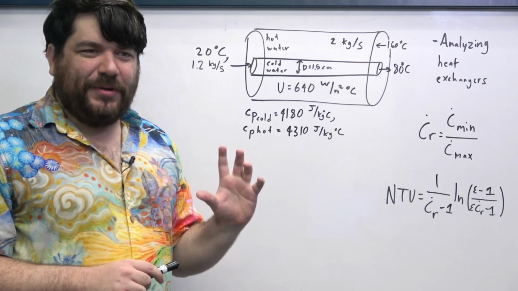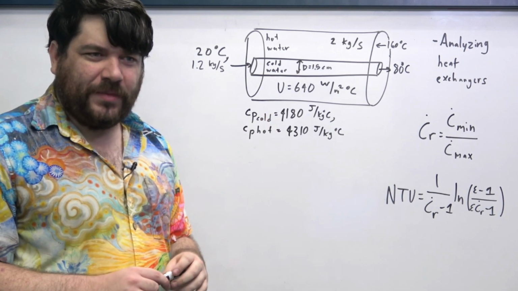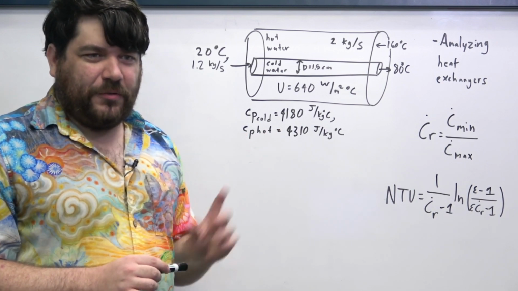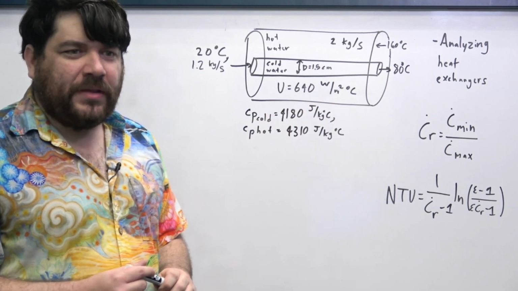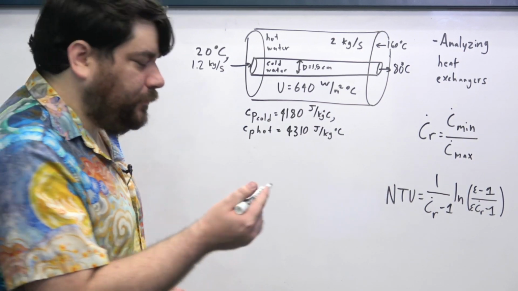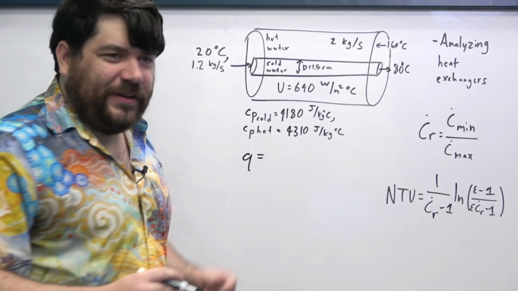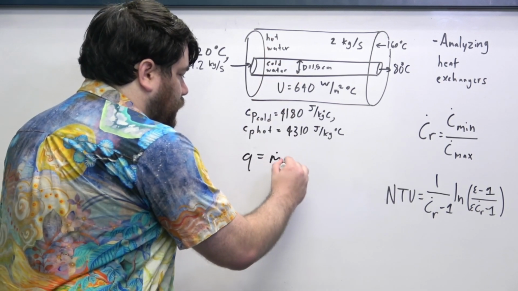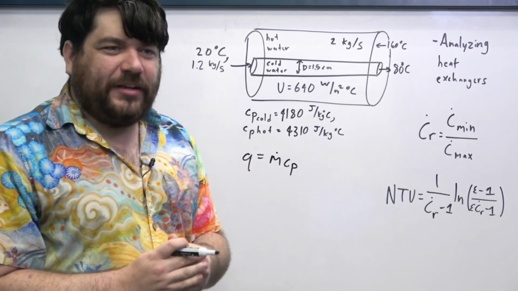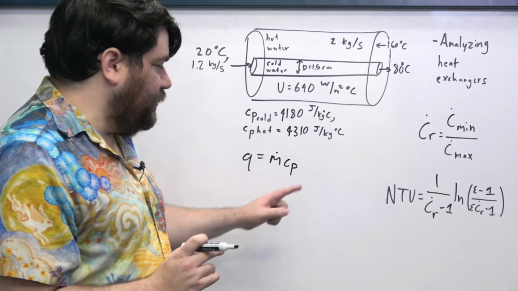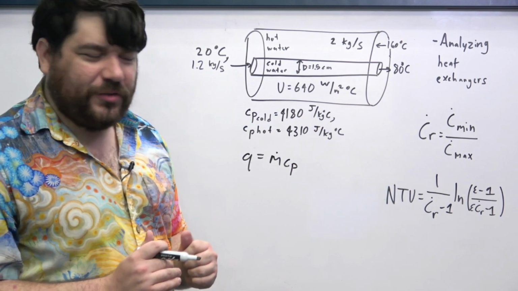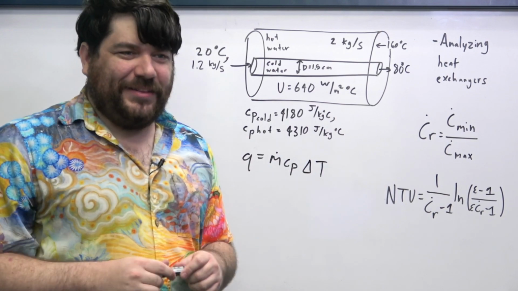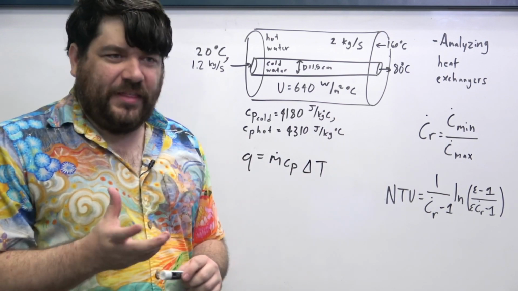Well, remember, we have the golden rule, which we had first encountered when talking about internal flow, but now we can actually deal with from the context of working with heat exchangers. And all that the golden rule says is that Q, the net heat transfer rate through the heat exchanger, is equal to the mass flow rate of one of the liquids times the specific heat capacity of one of those liquids times the temperature difference between the inlet and the outlet of that liquid.